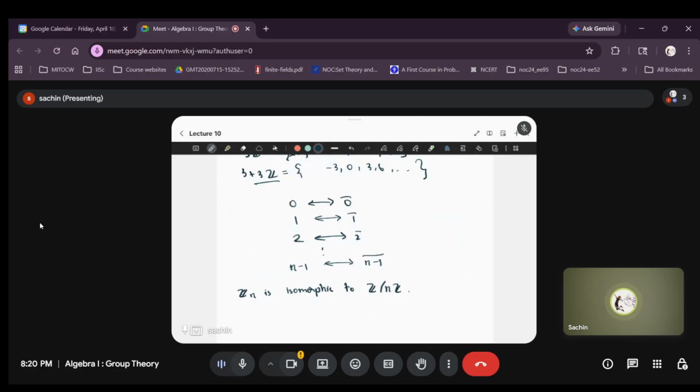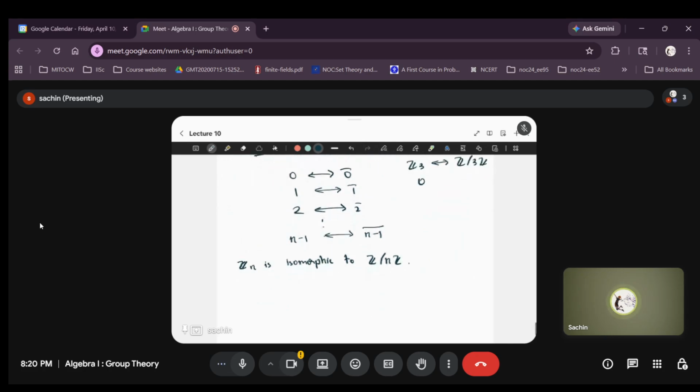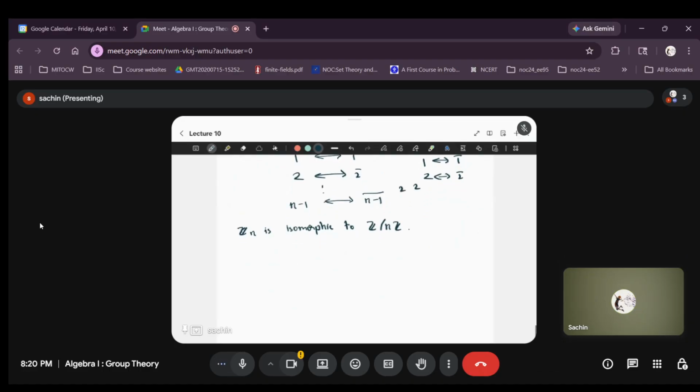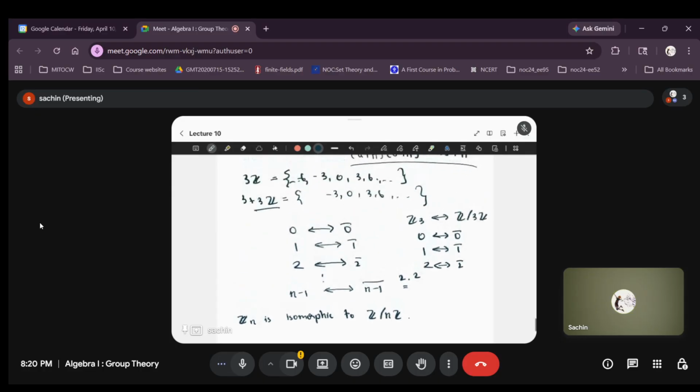So what will happen if you multiply, let's say you have Z3 and Z mod 3Z with the mapping 0 goes to 0 bar, 1 goes to 1 bar and 2 goes to 2 bar. What will happen if you multiply 2 with 2 in Z3? What is 2 bar times 2 bar? We defined this to be 2 times 2 mod n.